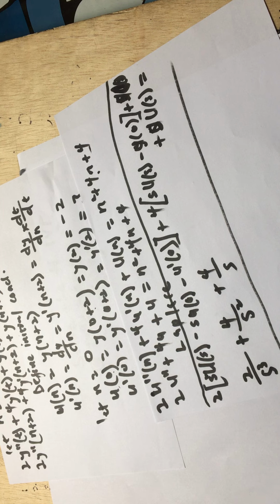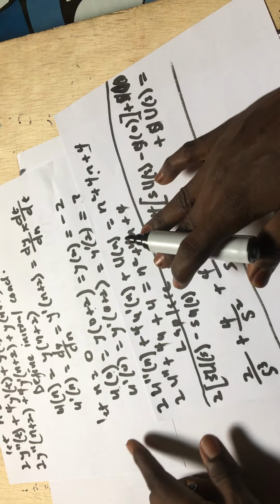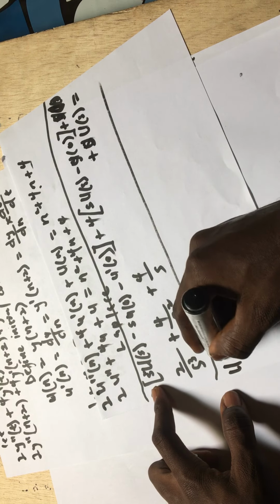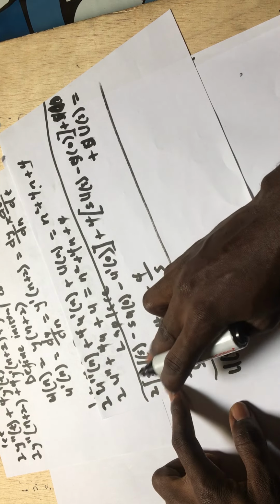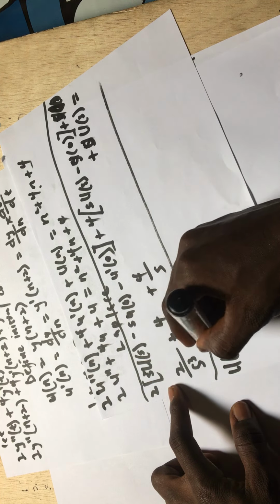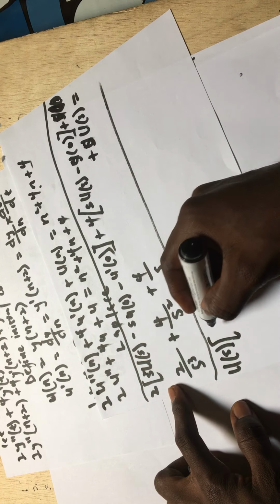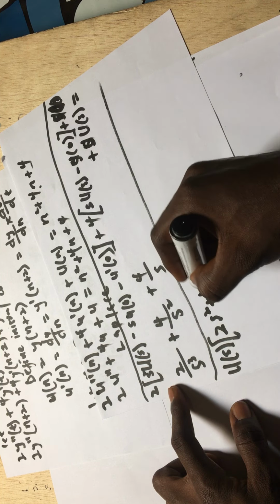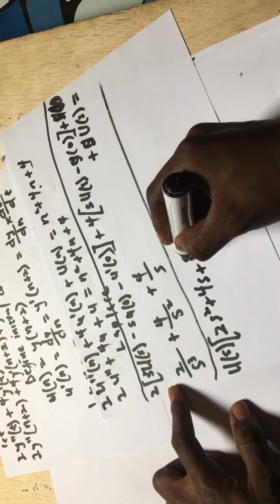So we are going to group items and then we simplify. Grouping items, we get U(s) times the bracket 2s squared plus 4s plus 1.